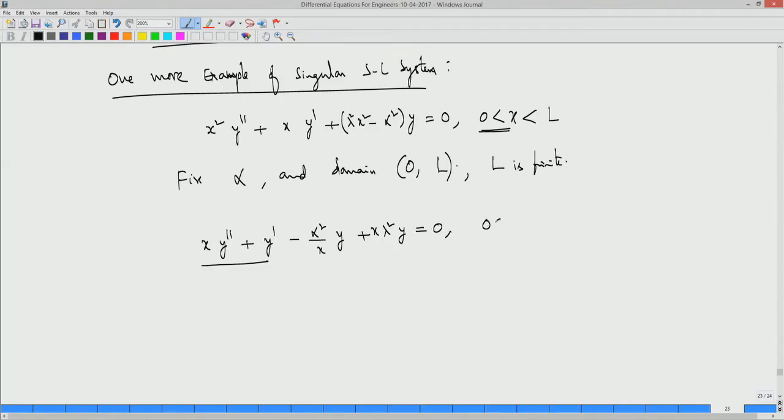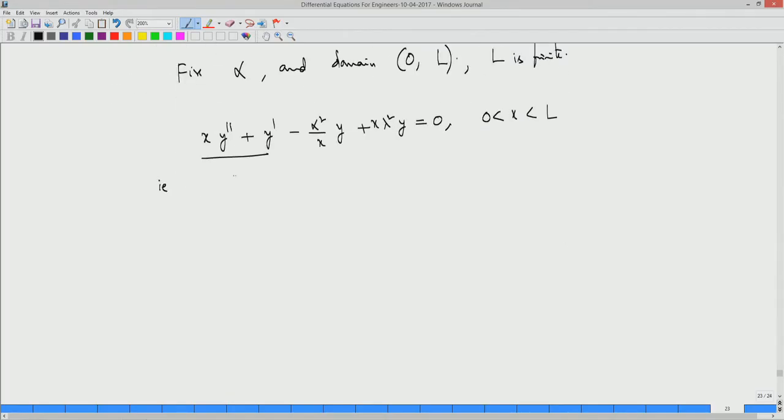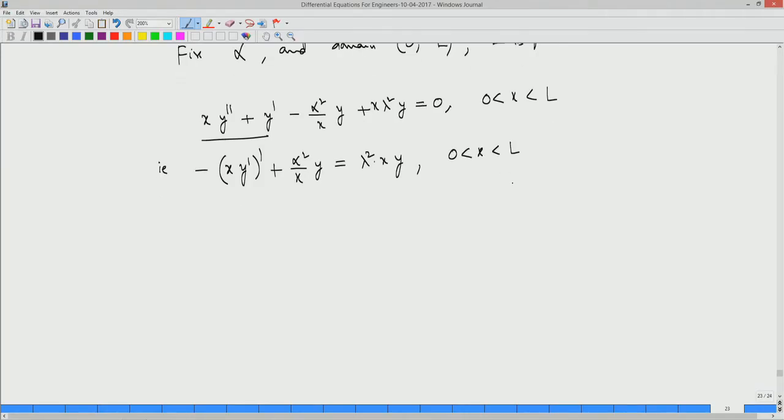So, you can rewrite this as x y dash, whole dash, minus alpha square by x y equal to minus lambda square x y, between 0 and L.